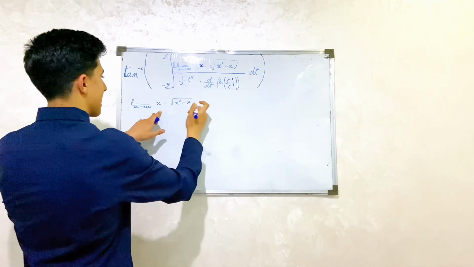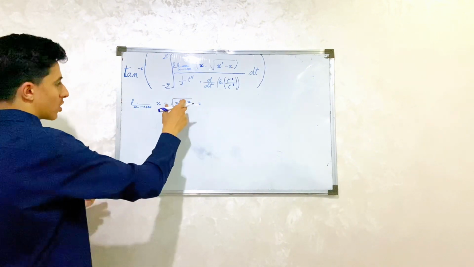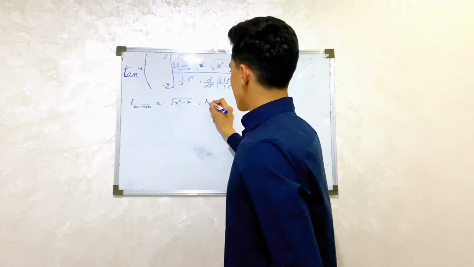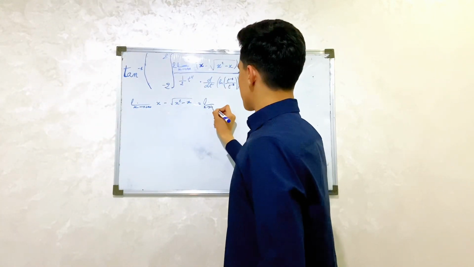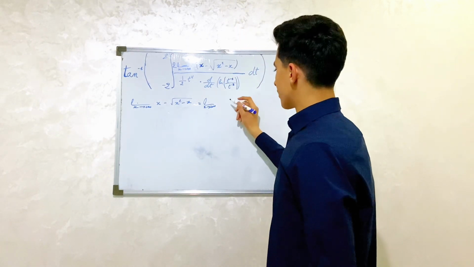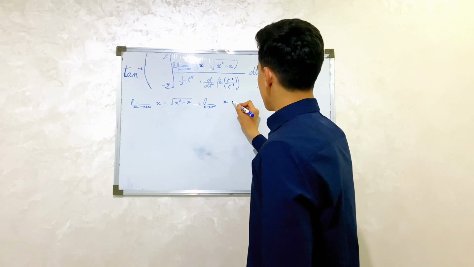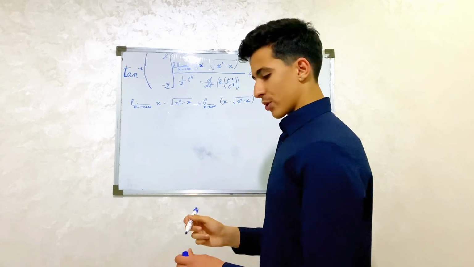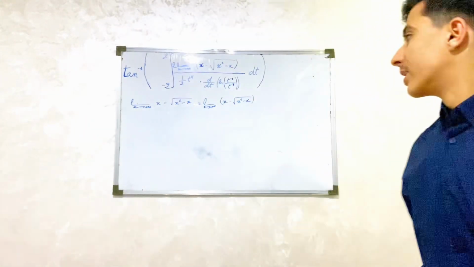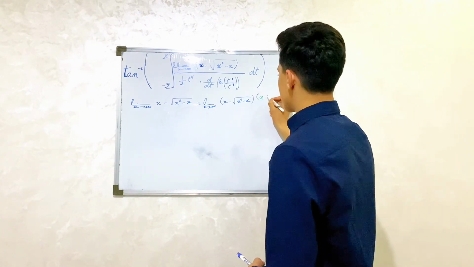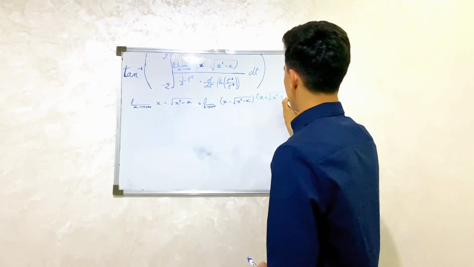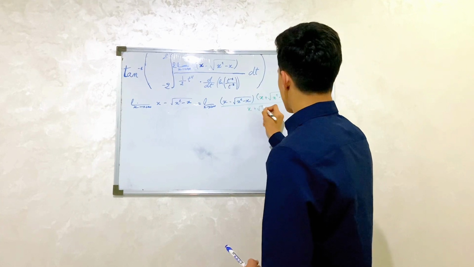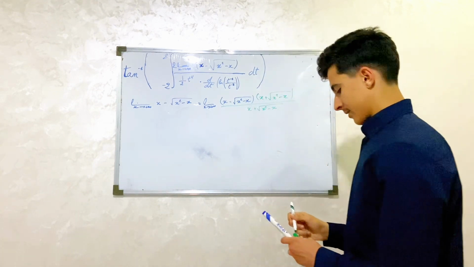So we are going to multiply the top and the bottom by the conjugate of this term right here, which is going to give us the limit as x approaches positive infinity of x minus the square root of x squared minus x, multiplied top and bottom by the conjugate, x plus the square root of x squared minus x, all over x plus the square root of x squared minus x. Right here.